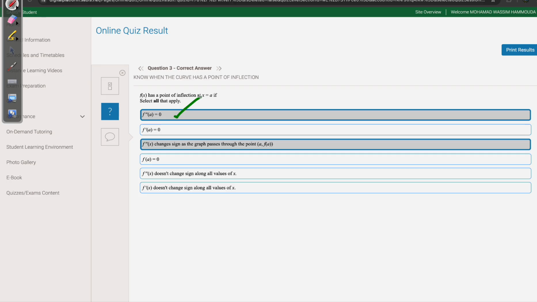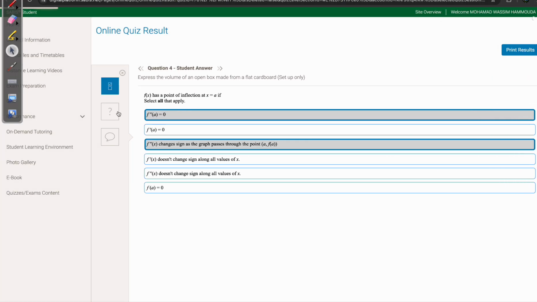The double derivative changes sign, not the derivative. It's the double derivative and it changes sign only when it's an inflection.